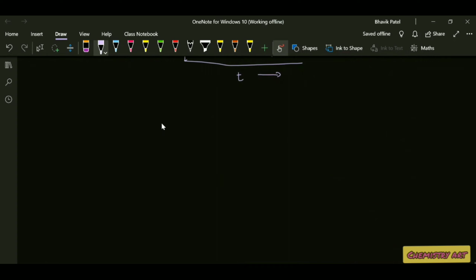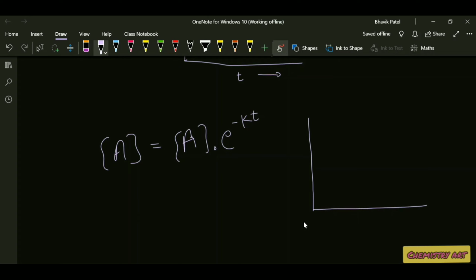And one more last equation for the graphical representation. Already we have discussed in the derivation the exponential equation. It was like that: A is equal to A naught e to the power minus kt. So this equation can be written in a graphical representation like this.